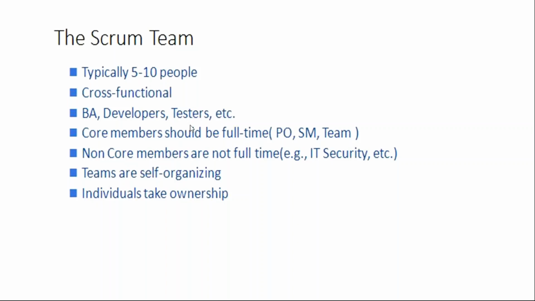So going back to the next point, core members should be full time, whether it's a product owner, scrum master, or the team members. Until and unless this is happening, we have shared resources, and they will not be able to understand the grim of the situation. If they are not full-time members, they'll not give their best.